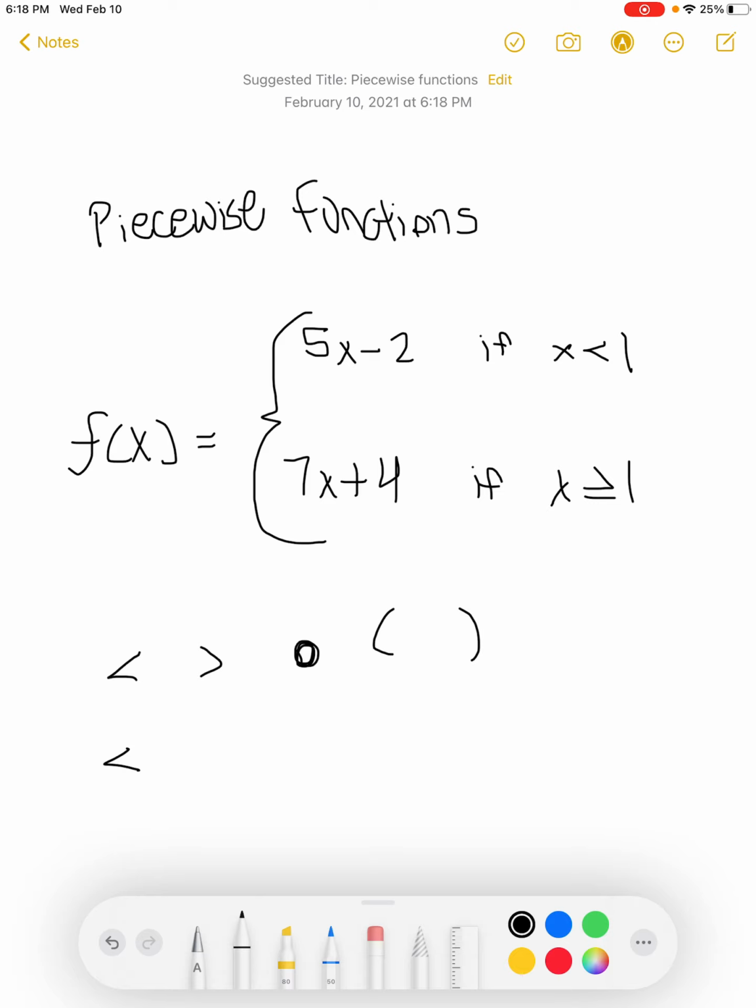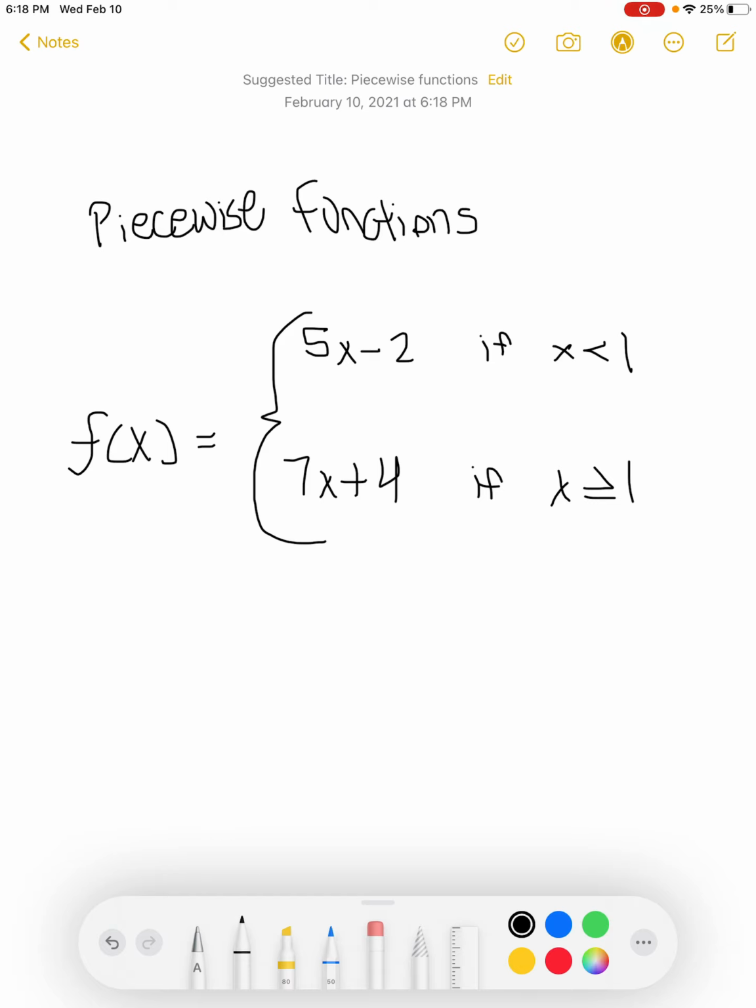But if you have greater than and less than signs with lines under them, that means greater than or equal to, which means it is including it. So then you do a filled-in dot, and you would use brackets. Also, if you use infinity or negative infinity, you will use parentheses, not brackets.